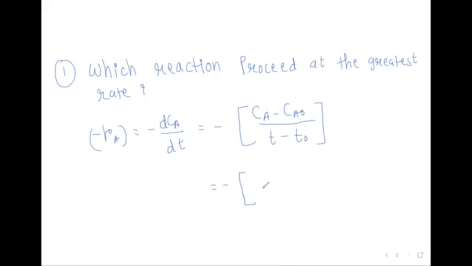Can you tell me the CA value? 0.05. CA0 is 0.1, it means it has become half. Now t is 2 hours. Okay, so can you give me the answer?